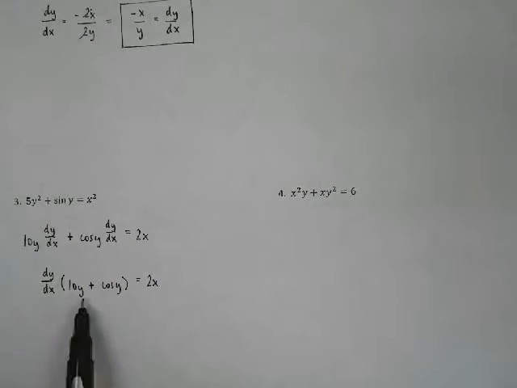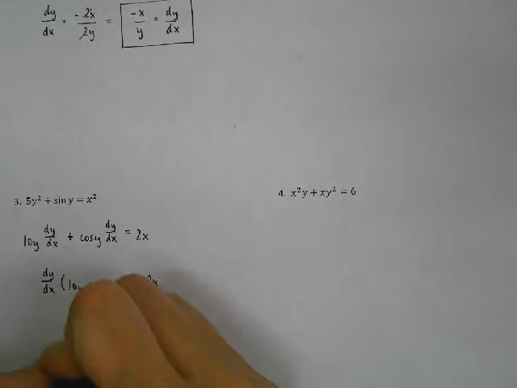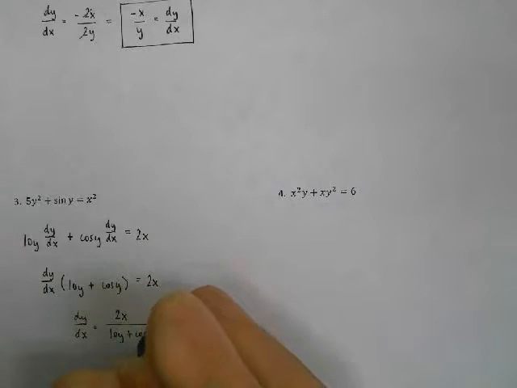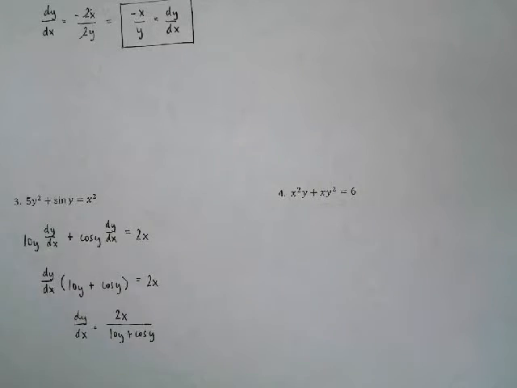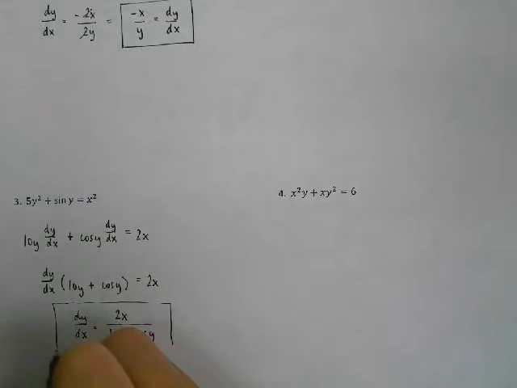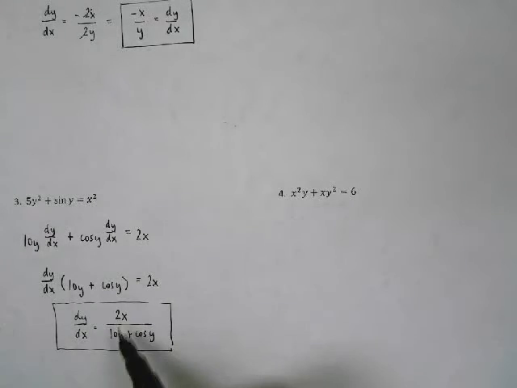So now I'm going to divide both sides by 10y plus cosine y, so that I get dy dx equals 2x over 10y plus cosine of y, and that's my derivative. Be careful that you don't cancel this 2 and factor out the 10. Since both of these don't have a factor of 2, I have to leave it where it is.